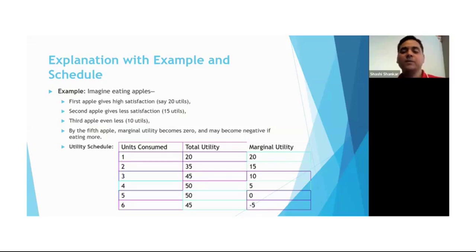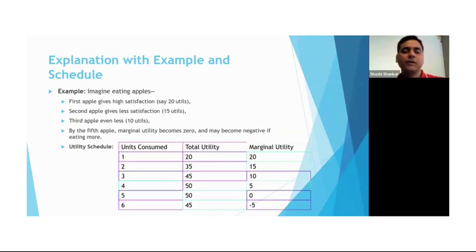Why am I saying this? Because they will reach the highest level of utilization. Post that it will start diminishing in nature. So here the concept to understand is why the marginal utility starts diminishing after a certain point. All right, I hope it is clear.